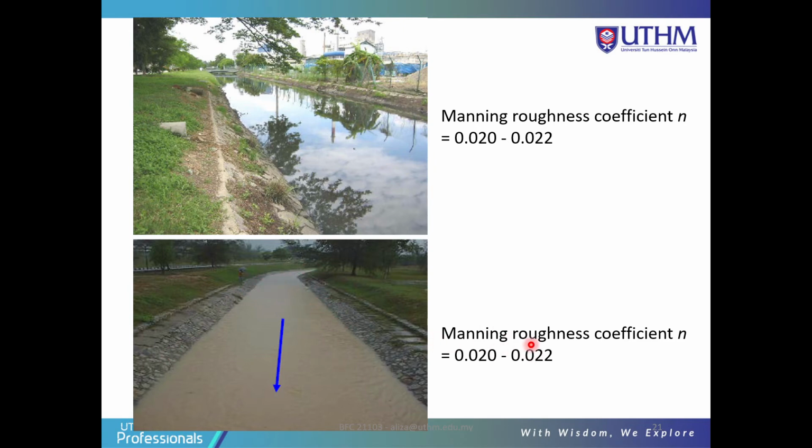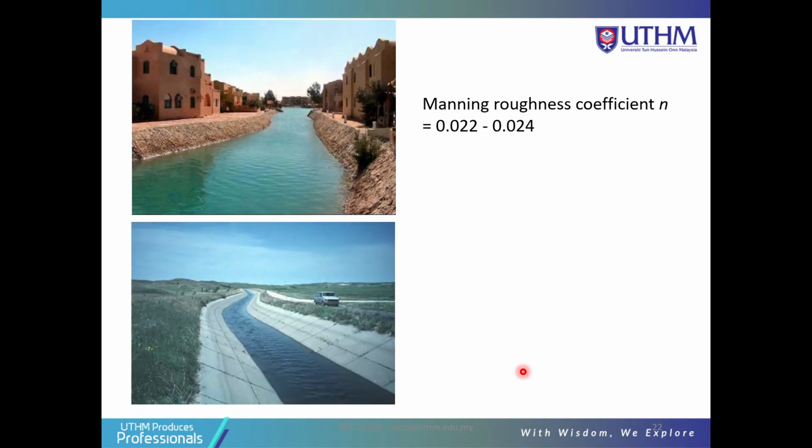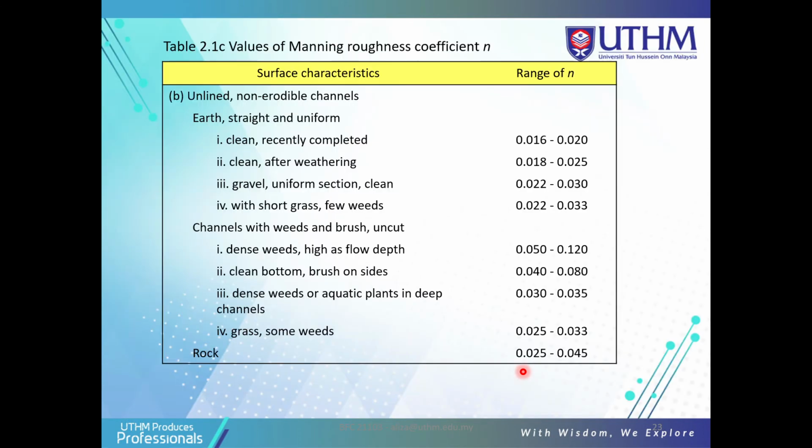So the Manning roughness coefficient comes from the different beds of these types of channel. It differs by the vegetation, the lining, the bed load. So this is the assumption to determine the roughness. This is the Manning roughness coefficient for a non-erodible channel, earth, straight, uniform, channel with weeds and brush, the vegetation. So the range is here.